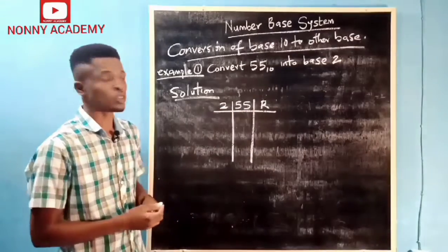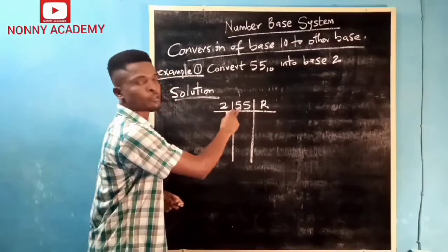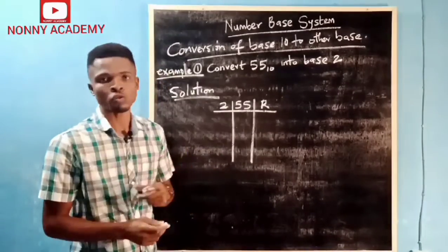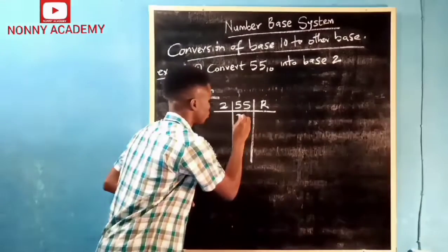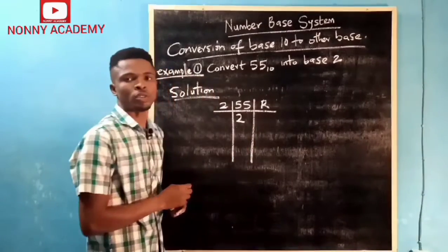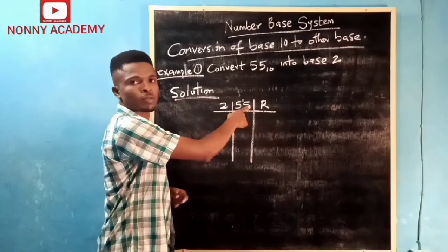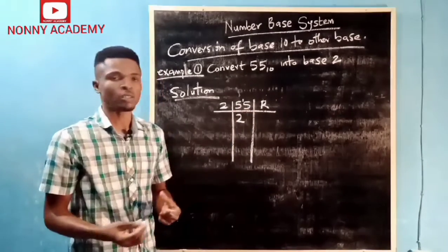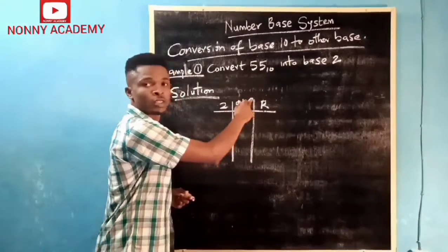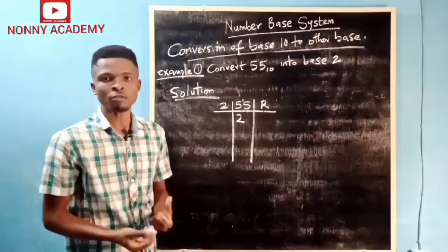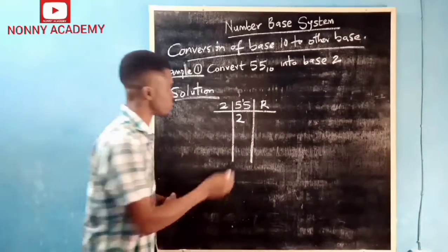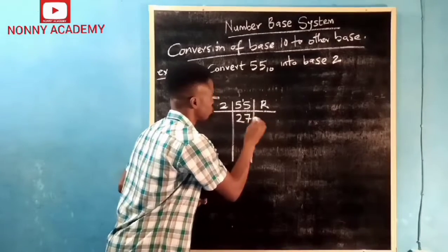So I will start by dividing 55 by 2. 2 in 5 will give me 2, remainder 1. Then that 1 which is remaining, I will put it close to the next 5, for the sake of simplicity. So 2 in 15 will now give me 7, which is 14, remainder 1. So 7, remainder 1.